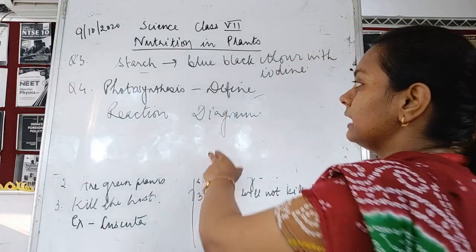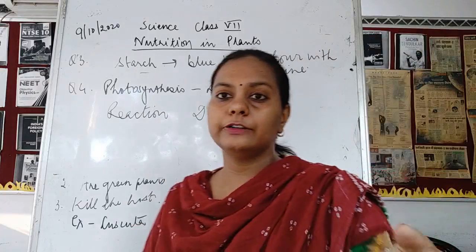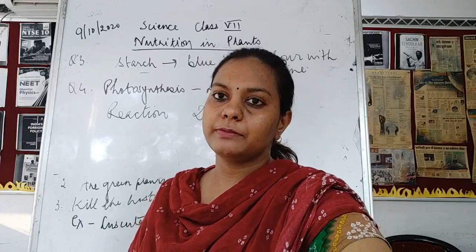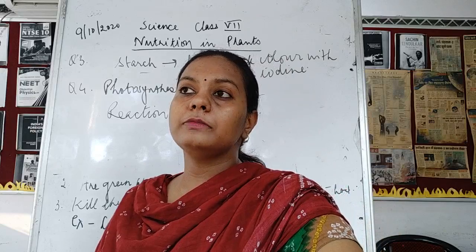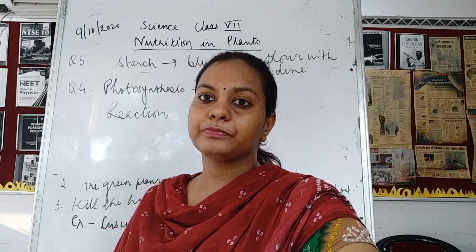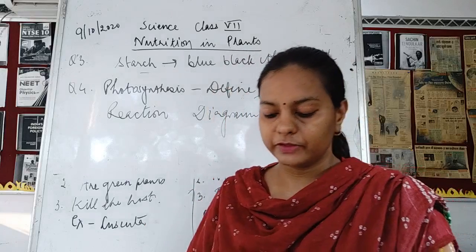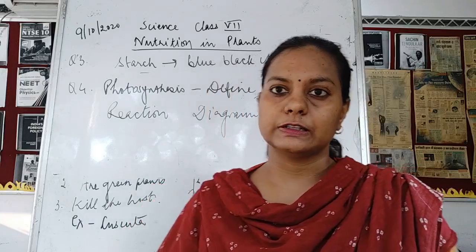Then the carbon dioxide and water are gained from different parts of the plant and from the surrounding. Carbon dioxide is taken up by the stomata from the surrounding. Similarly, water is taken up by the plants from the roots, with the help of the soil. So, you have to make one diagram to show photosynthesis. Fine.